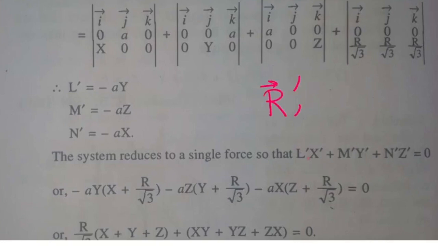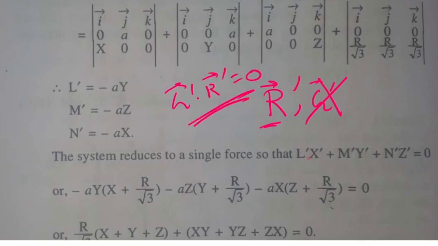Usually we have R dash and a couple of moment G dash, say. Now they are saying there will be no G dash. If there is no G dash, then G dash dot R dash is 0. So G dash dot R dash is again L dash x dash plus M dash y dash plus N dash z dash. That will be 0. So this is the condition.